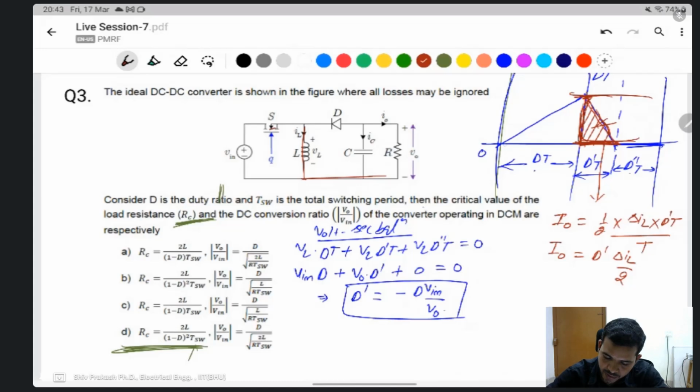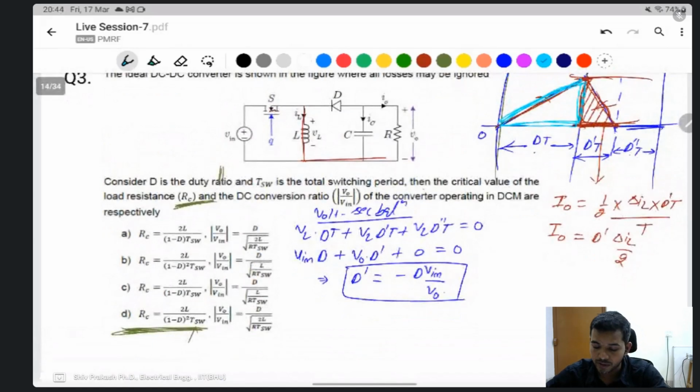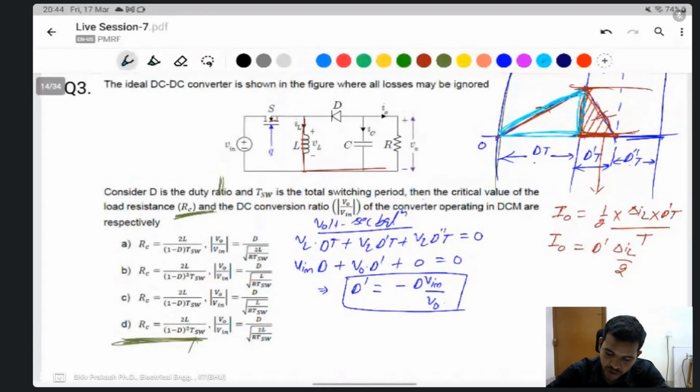If you take this one, look in this triangle. This one is Vs by L, input V in. Sir, here the average output current is the average of the inductor current only in D dash T. Yes, only this D dash, because when the switch is on, the IL current flows into the source.